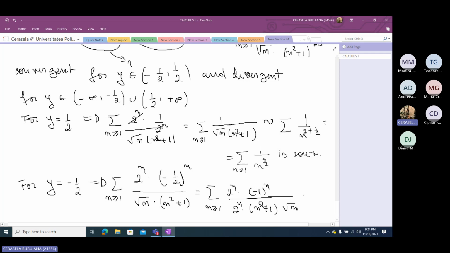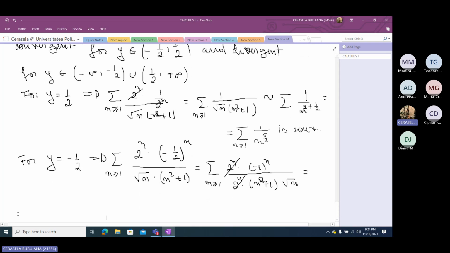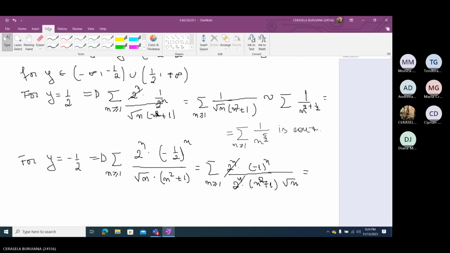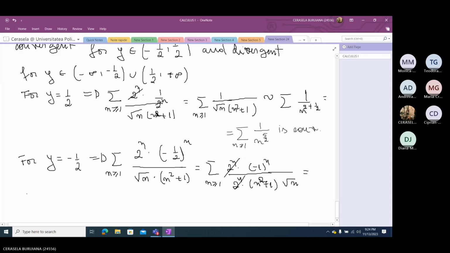So 2 power n can be reduced, and I remain with the series of general term (minus 1) power n over square root of n times n squared plus 1.